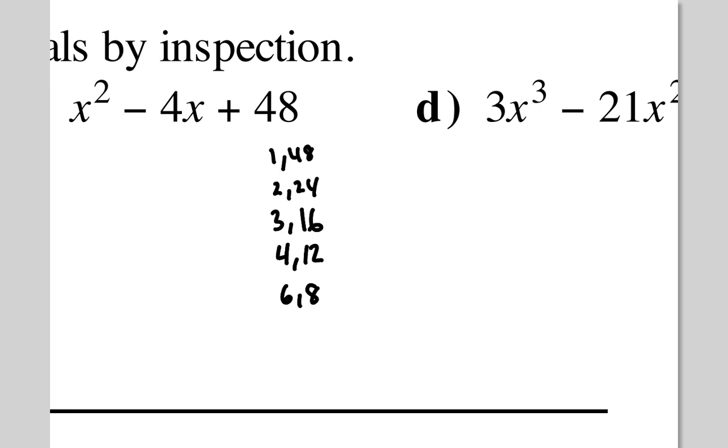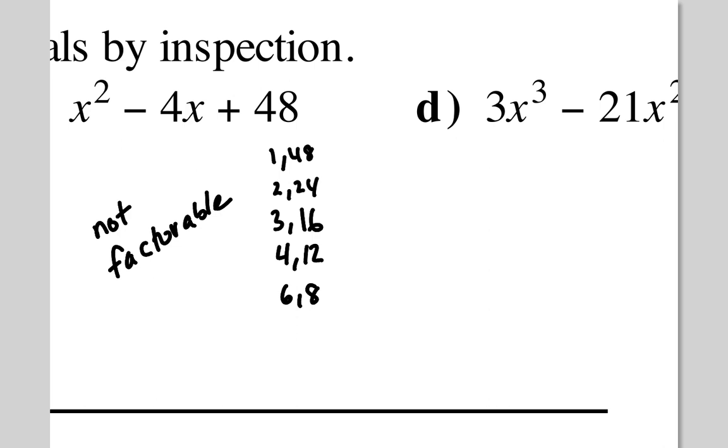To the next question. There's no more factors. So you say not factorable. If you cannot find those two numbers, you can't do it, and you have to say that that polynomial can't be factored.